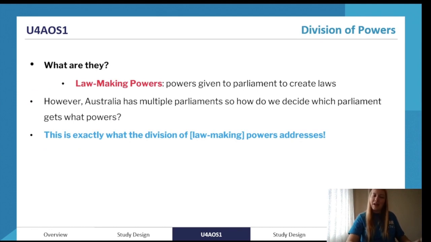We're going to look at the division of powers, which is the very next dot point. We've literally already covered one of the dot points on the study design for Unit 4, Area of Study 1.